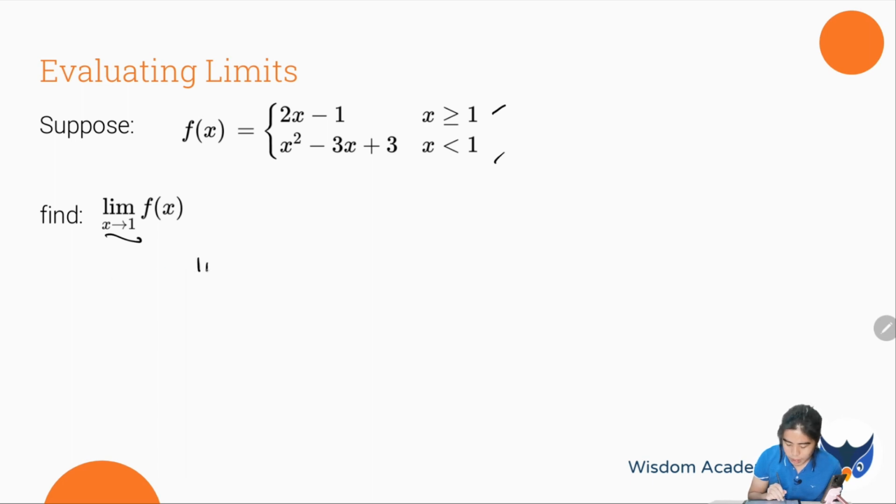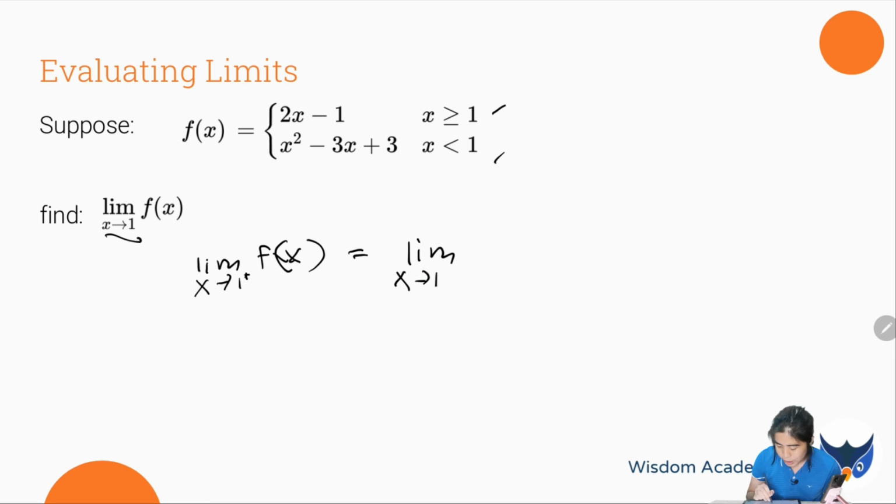So, limit of f of x as x approaches 1 from the right muna is equal to the limit of the function as x approaches 1 from the right.